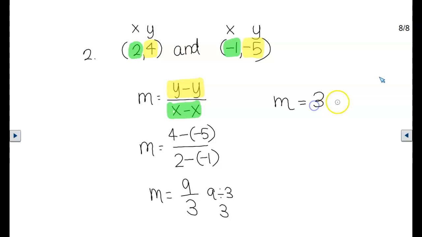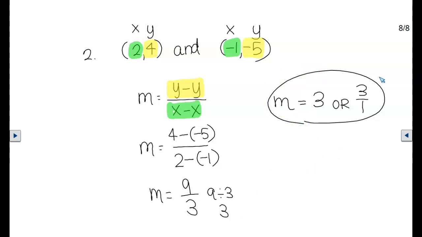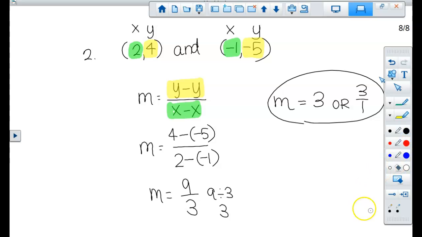So I get m is equal to 3. Remember, that would be the same thing as 3 over 1. So 3 or 3 over 1 would be the slope of this line. So this is all a matter of plugging the numbers into the formula and plugging them into the right places. And then the rest of it is just a little subtraction and a little simplifying.